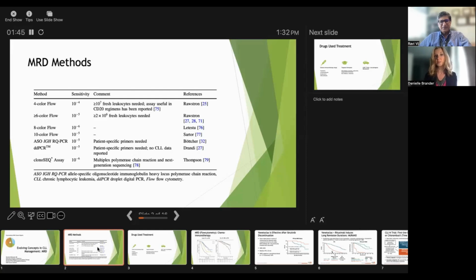Over the years, in terms of MRD methods, as technologies have grown, there are different methods to measure them. And what MRD or measurable residual disease really is, the thresholds for defining them, as the methods have gotten more advanced, the sensitivity has too.